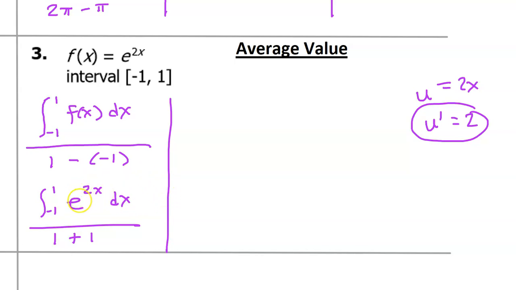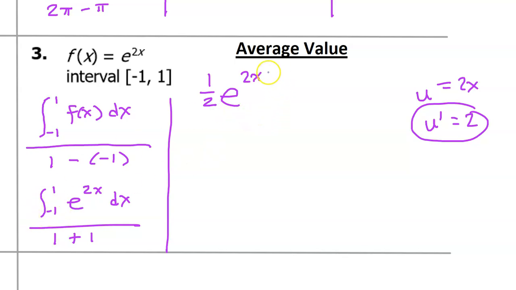So I'm going to go ahead and say that the integral of e to the u is still e to the u. So when I integrate, I am still going to have e to the u. However, like I said, I'm going to wind up dividing by u prime.